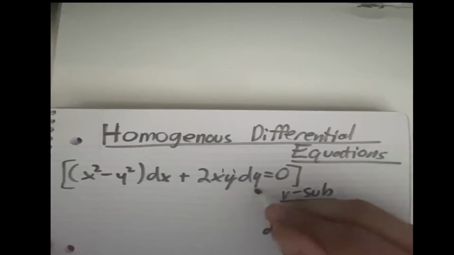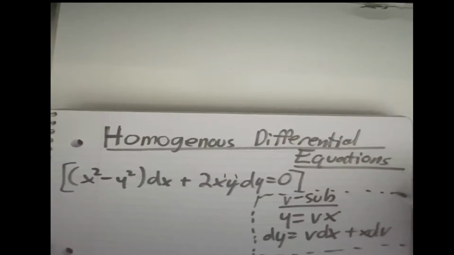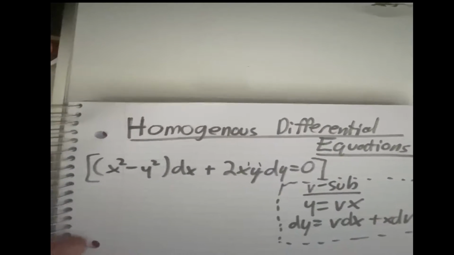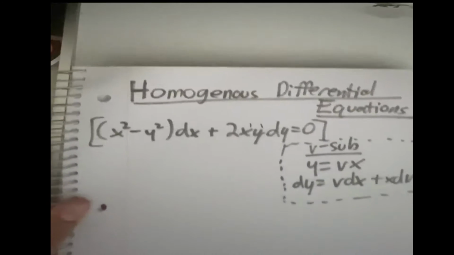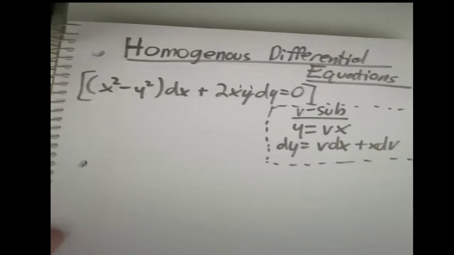Basically we want to apply these v substitutions into our current function. So the idea is now to just plug in and substitute the v variables where we see y.